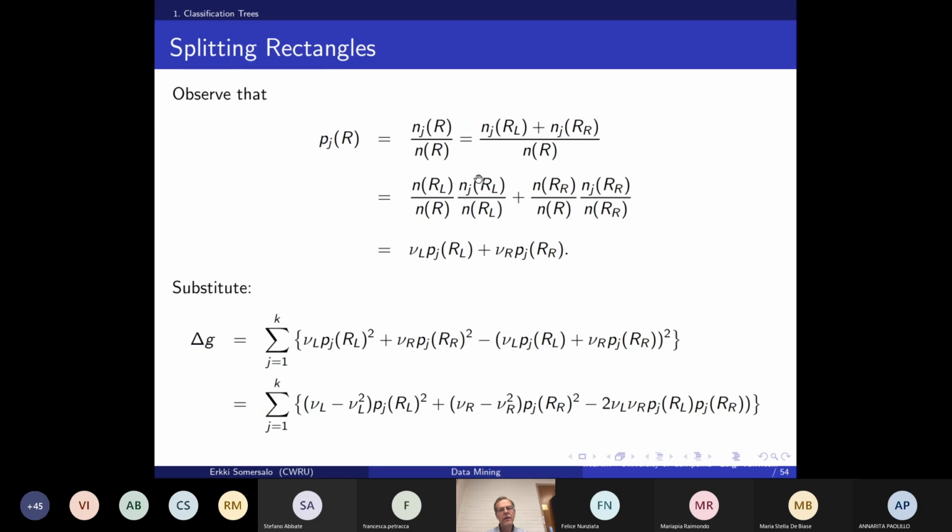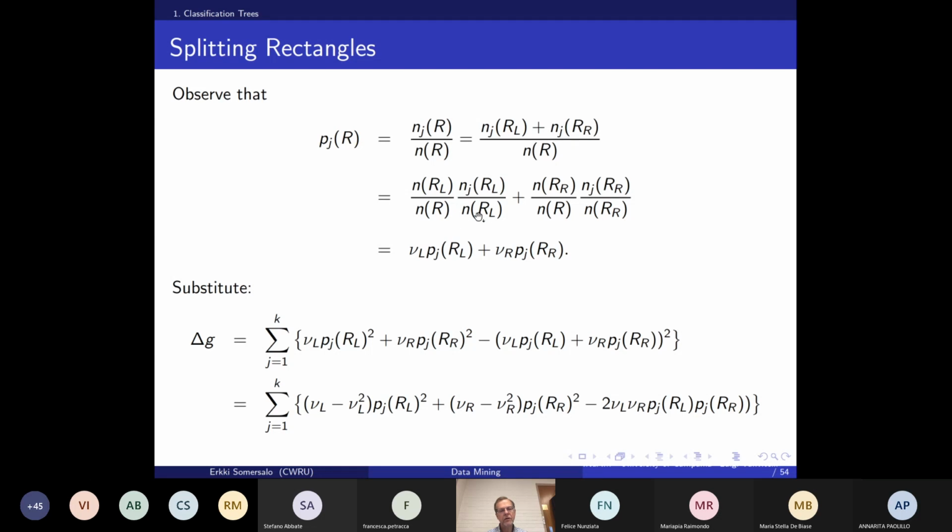And so then I'm dividing both of these terms separately by N_R, and I'm dividing and multiplying by the number of points in the left rectangle. And likewise, I'm doing the same thing with the right rectangle. And so when you're looking at this expression here, you see that here I have the frequency of being on the left, and here I have the frequency of being on the right.